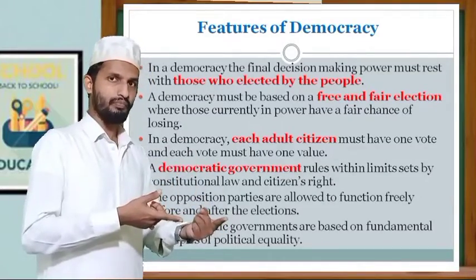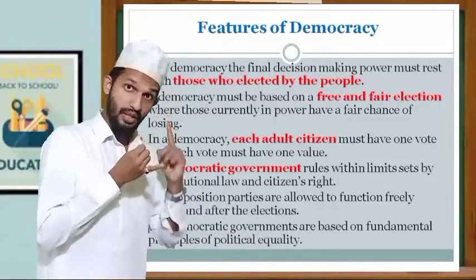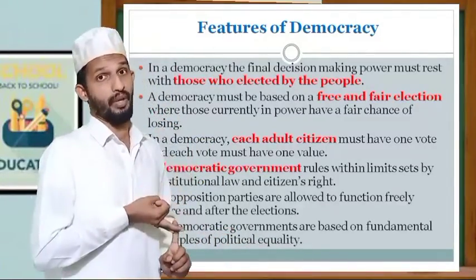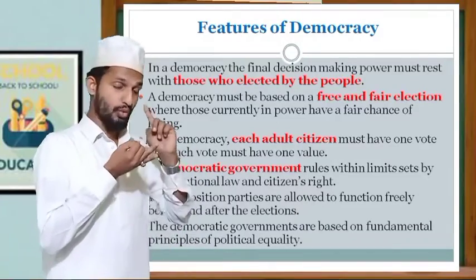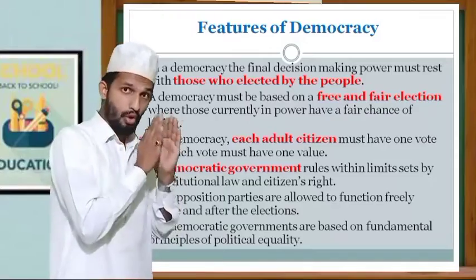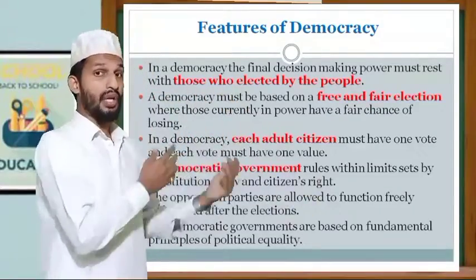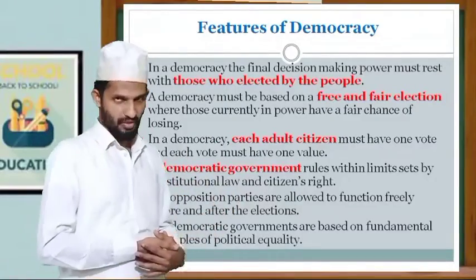Those who come first in the election will form the government and rule the country. And those who are in the second position will be the opposition party. So they also have a right to function freely in the functioning of government.